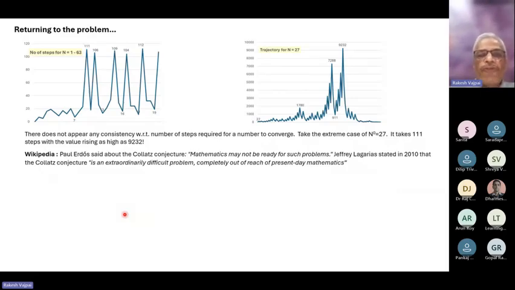And then if you add the supplementary information that you gather from the net, Wikipedia very clearly says that a certain mathematician has said that mathematics may not be ready for such a problem. That's a very, very strong statement to make, that mathematics the way we understand it may not be ready to solve this kind of problem.